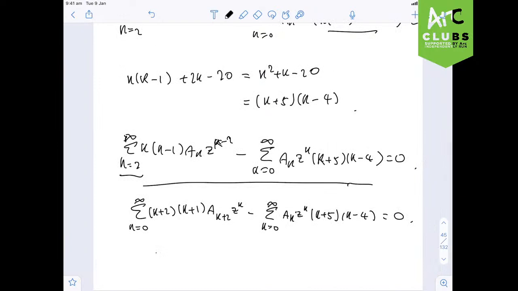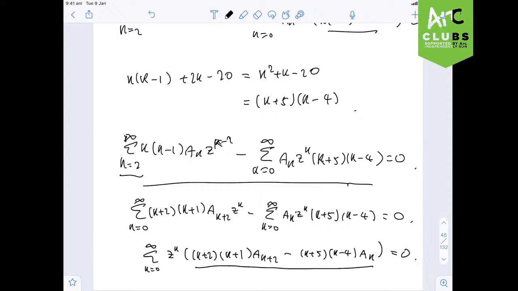Combining these sums, we get, let's factorize out the z^k, k plus 2 times k plus 1, a_(k+2), minus k plus 5 times k minus 4, a_k equals 0. Now, what does this mean for the coefficients? If this whole power series is 0, what does it mean for these coefficients?